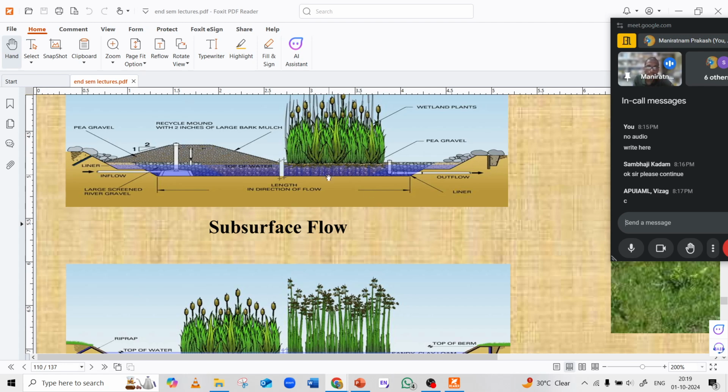So what will happen is that the plant will take up those contaminants. Suppose chromium or iron is there. I'm not sure about chromium, but I have heard that iron can be taken up by these plants, and we don't want our iron to go into the groundwater. So that's why we provide a liner.